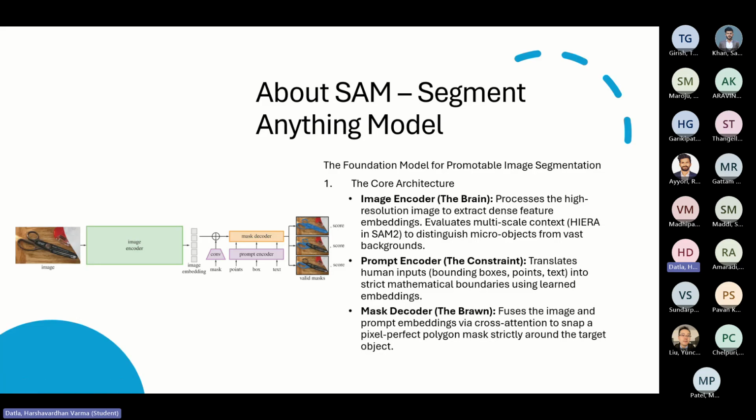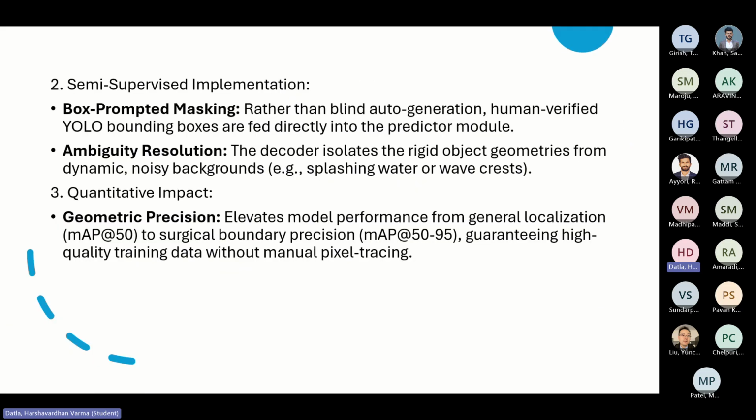The prompt encoder translates human inputs into strict mathematical boundaries using learned embeddings. The mask decoder fuses the image and prompt embeddings via cross-attention to snap a pixel-perfect polygon mask strictly around the target object.